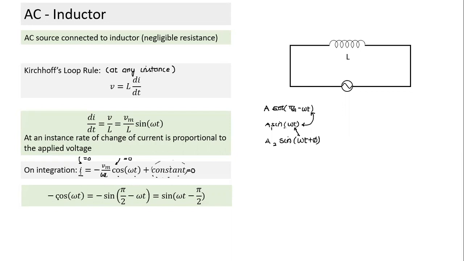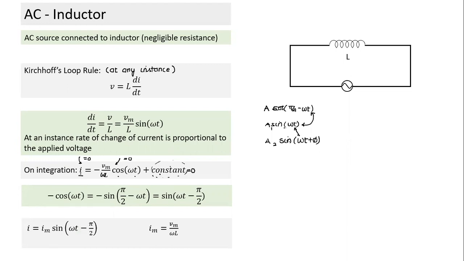So minus cos of omega t is equal to minus sine of pi by 2 minus omega t. Simple way: cos of omega t is sine of pi by 2 minus omega t, and this is a simple conversion.